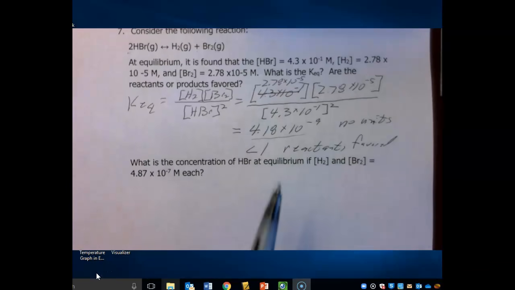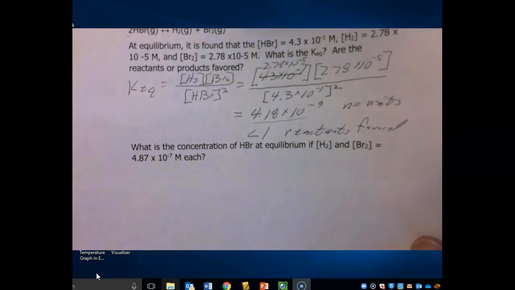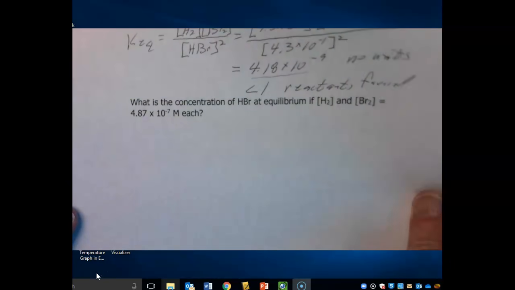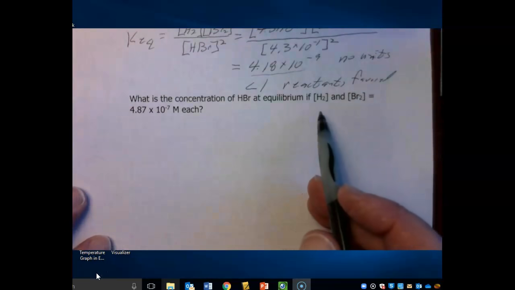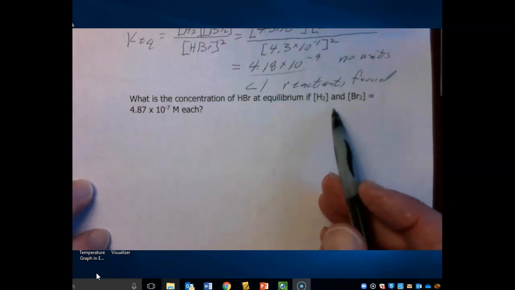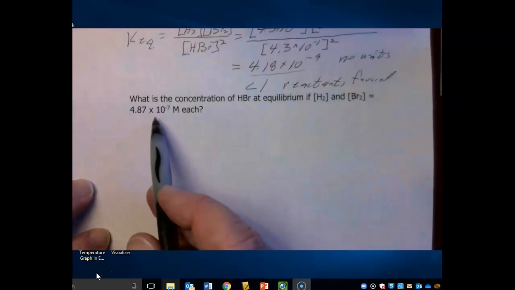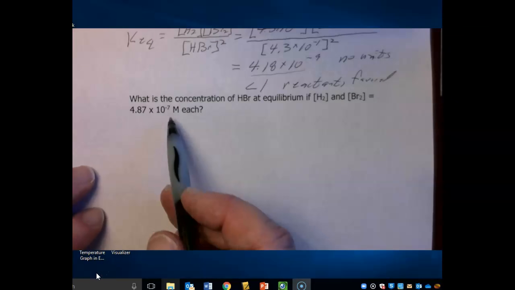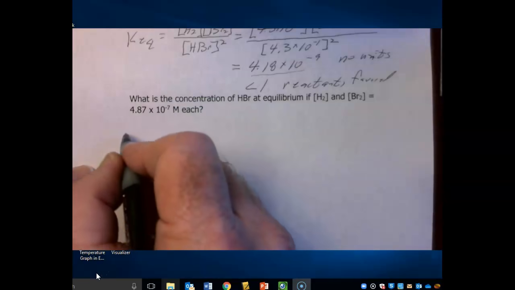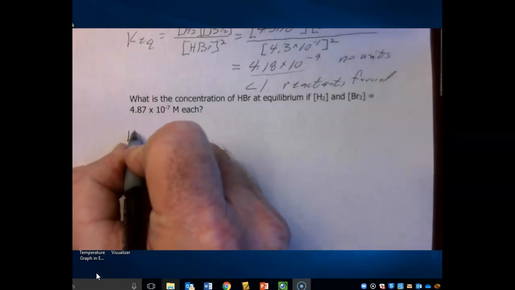Okay, now another part of this same problem says, what is the concentration of HBr at equilibrium if the concentration of the hydrogen and the concentration of bromine are both 4.87 times 10 to the minus 7 each? Well, I'm going to recopy my KEQ expression down here.